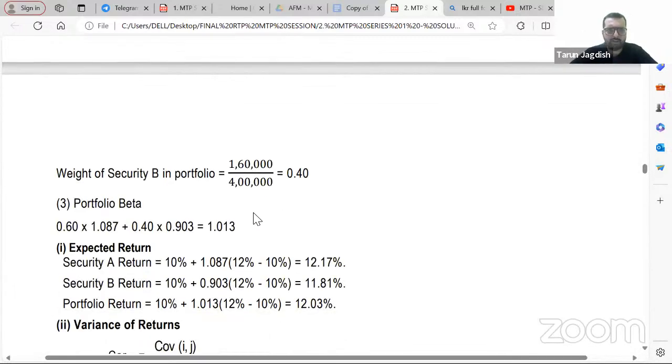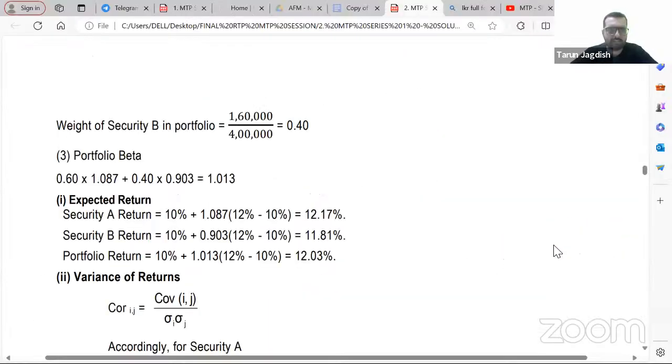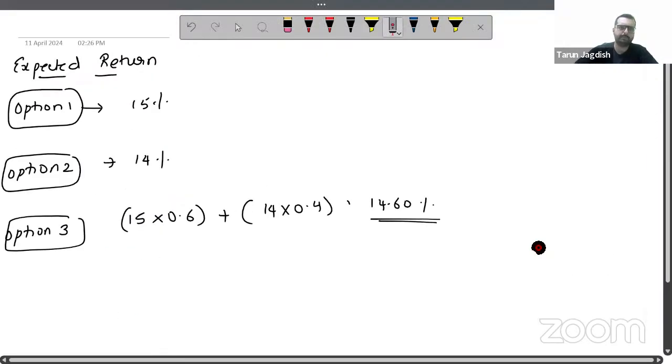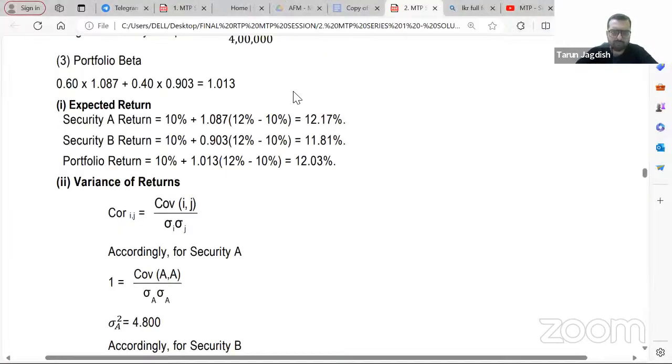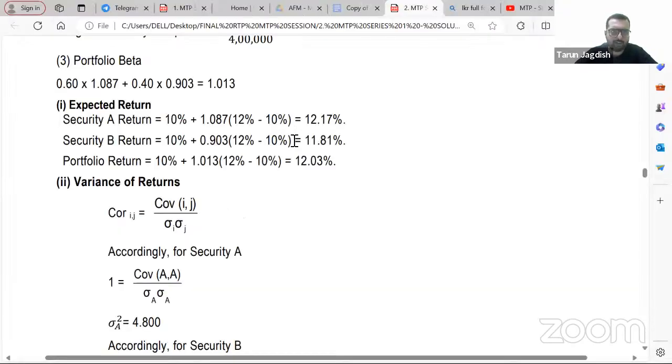That is the weight, 0.6, 0.4. 1.013. We have got the answer, right? Expected return, they have got 12.17. Let's go and check that. Hold on. So they have done the CAPM over here, friends. I have taken it directly. They have done it using CAPM. Okay, so on that one part, we have a different answer.